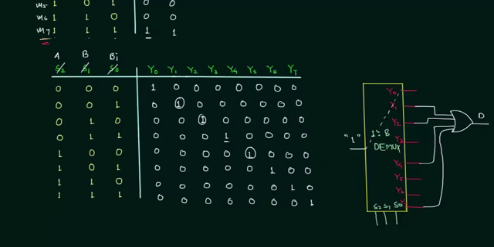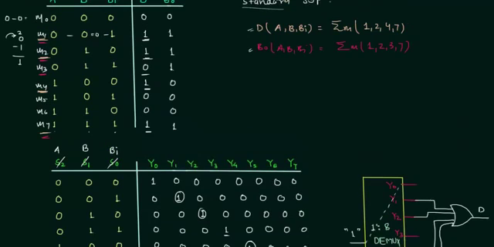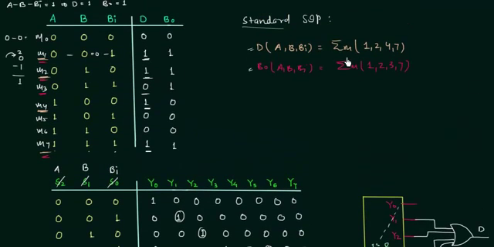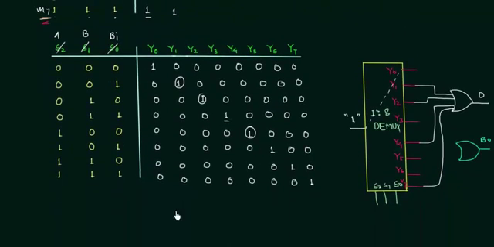In the same way, we can implement the borrow output. I will use another OR gate. Right now I am trying to obtain the circuit by using this truth table, but you can directly use the minterms that we have obtained. I will try to implement borrow output from this minterm only. 1, 2, 3, 7 are the minterms in case of borrow output.